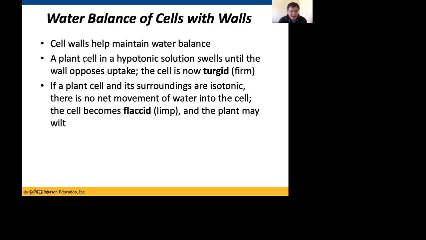So we have mentioned that for plant cells, the cell wall is very important. The cell wall helps the plant cells to maintain the water balance. So that's why plant cells actually like pure water, like the hypotonic solution.